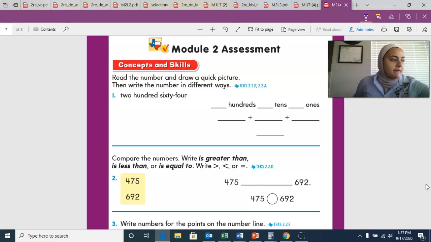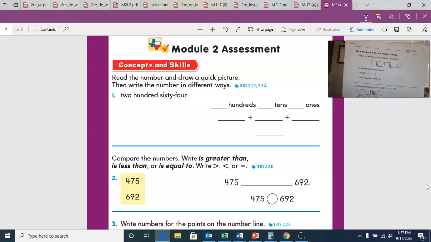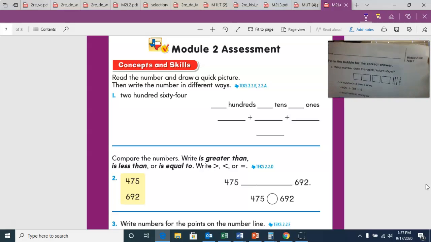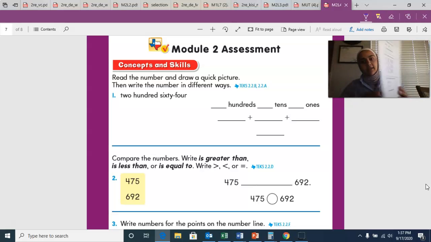Anyway, here it is. This is the Module 2 test you guys are going to take tomorrow, okay? It says at the top, Module 2 Test Page 1. It looks like that. So this is the test you're going to take on Thursday.